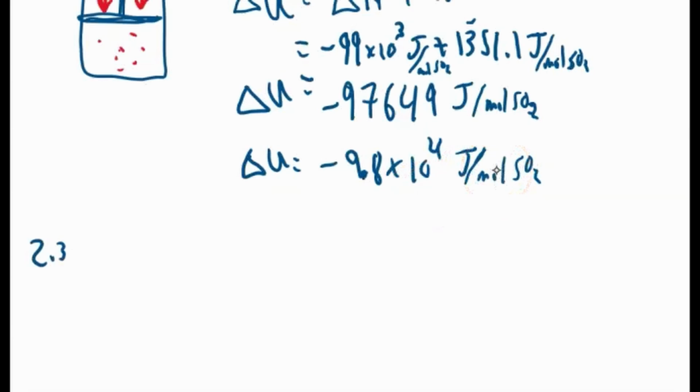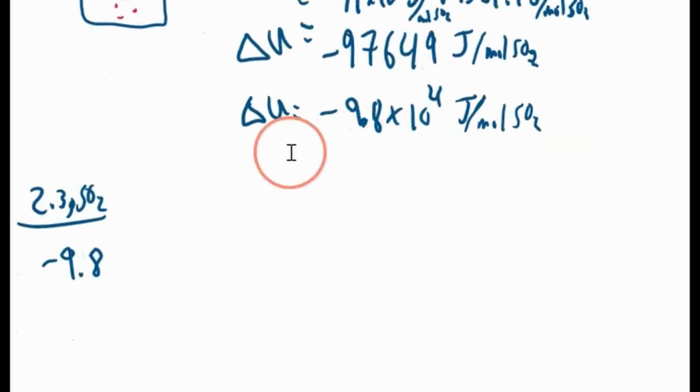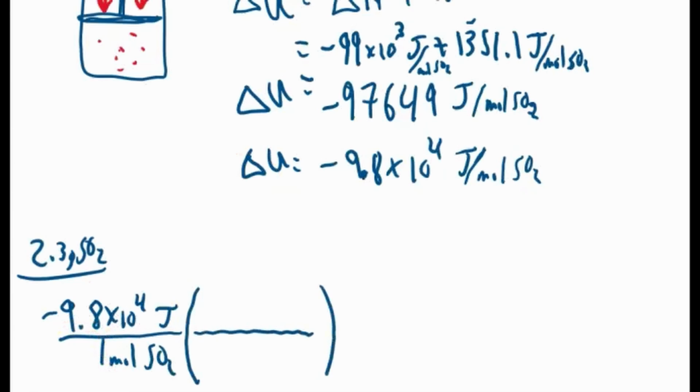So we have 2.3 grams of SO2 reacting. We're going to start off with the change in internal energy here, negative 9.8. Oh, we need to do the same for the work as well, don't we? We'll do that after. Times 10 to the 4 joules for every 1 mole of SO2. And we will multiply this by a fraction.